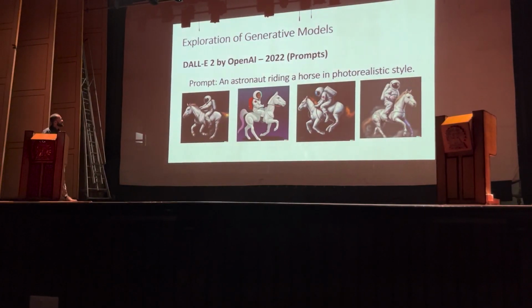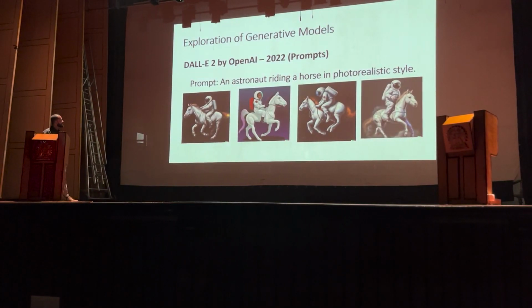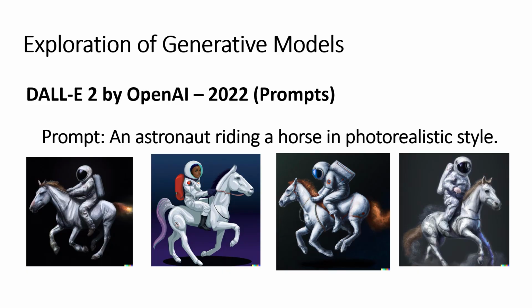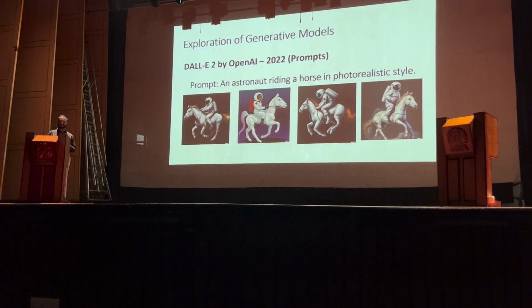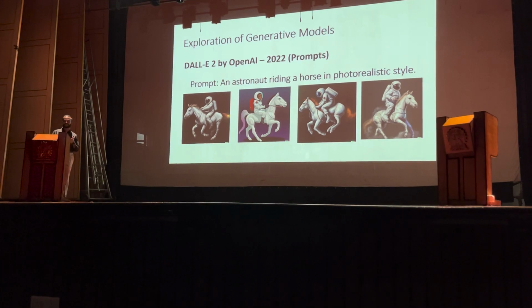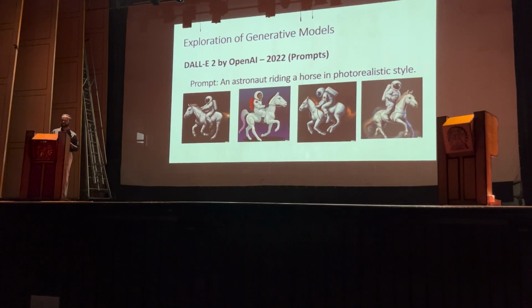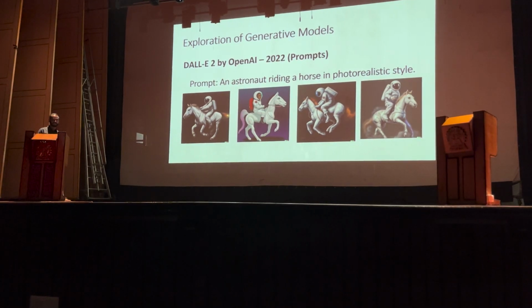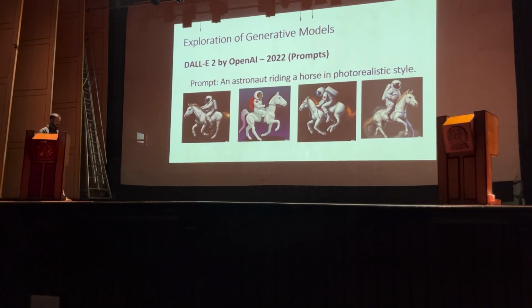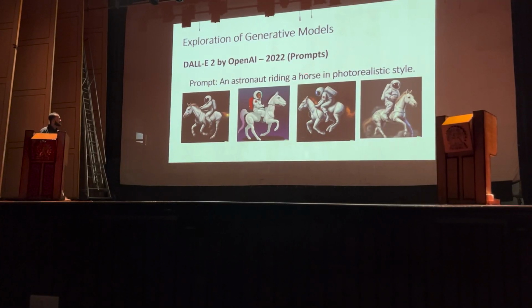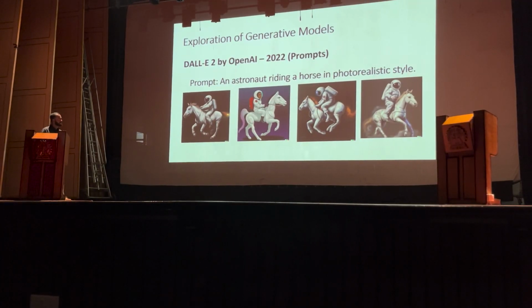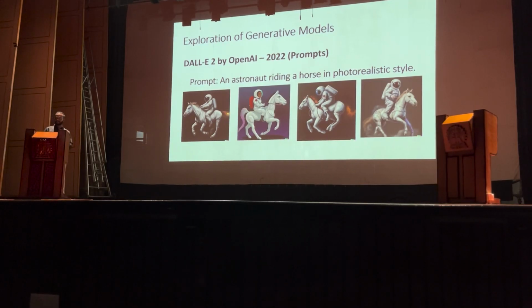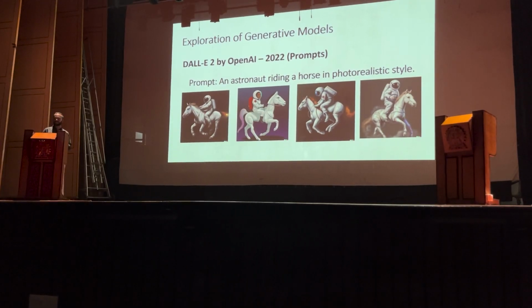Alright, so in 2022, OpenAI came up with DALL-E 2. And now you can see that the quality of the images that were generated also improved a bit compared to the previous DALL-E model. The prompt over here is an astronaut riding a horse in photorealistic style. Again, this is very unusual. This is not possible in real life.